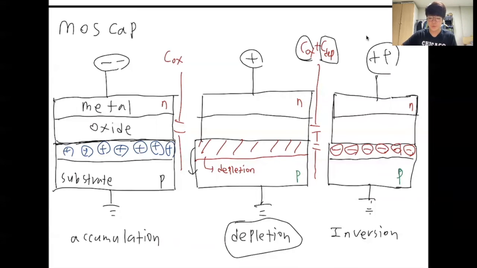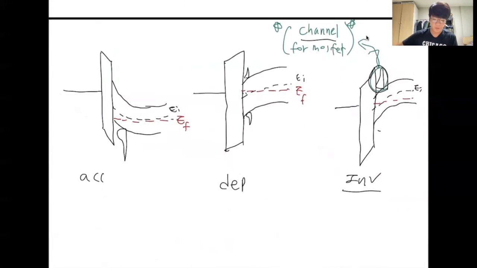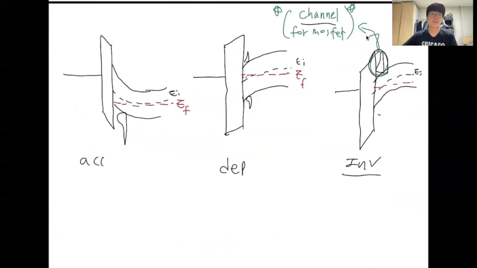And if we apply more and more voltage to the metal side, then the minority carriers, or electrons, on the p substrate would be accumulated. If we draw an energy band diagram, it will be like here.